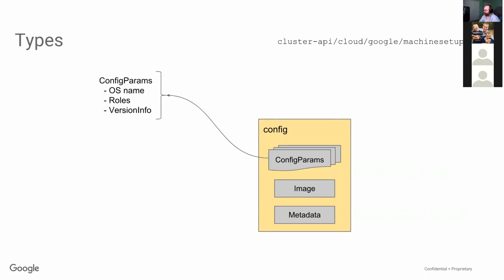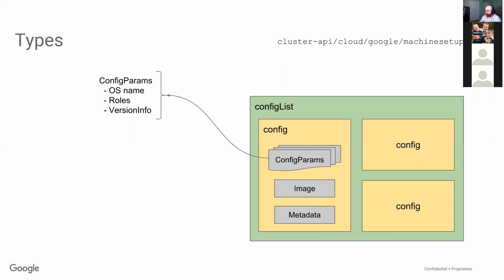These config params are the OS name, roles, and version info, and these all have corresponding fields in the machine object. The OS name is specific to GCE also, just to note. But you can think of this config as kind of a key value pair. So these config params are the keys that will map to the specific image and metadata contained in that config.